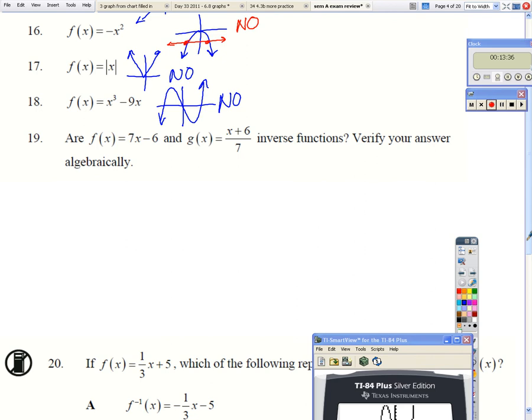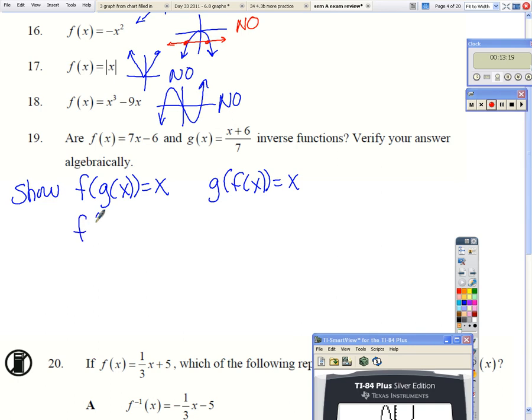Okay, to verify algebraically if functions are inverses, we need to show that f of g of x equals x and g of f of x simplifies to x. We have to show these two. So f of g of x, so that's 7x minus 6.